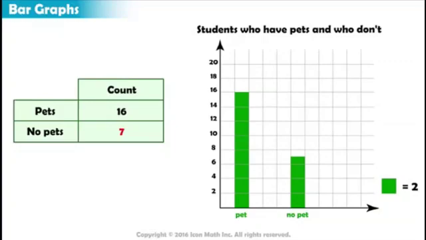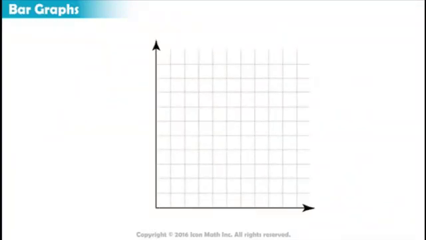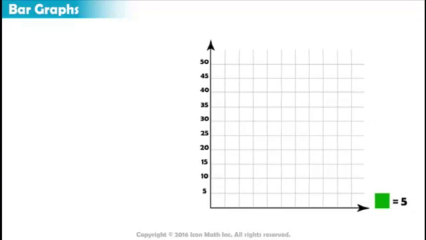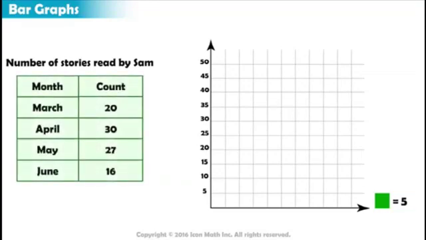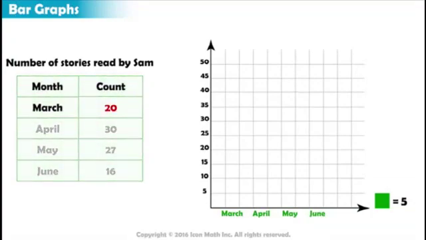Now let's take a closer look at this grid. Suppose that we want 1 square in the grid to equal a count of 5. And we want to make a bar graph to show the number of short stories Sam read in the last 4 months, March, April, May, and June. In March, he read 20 short stories.